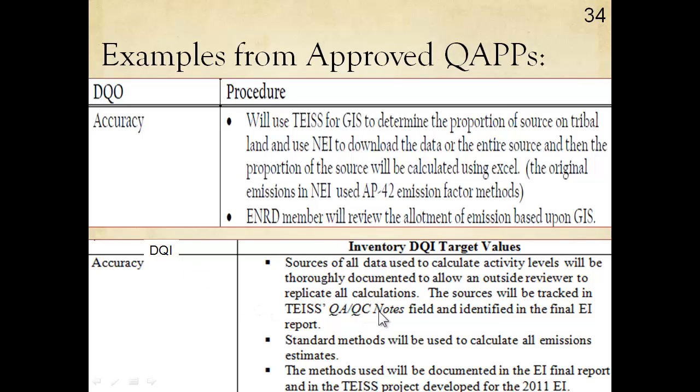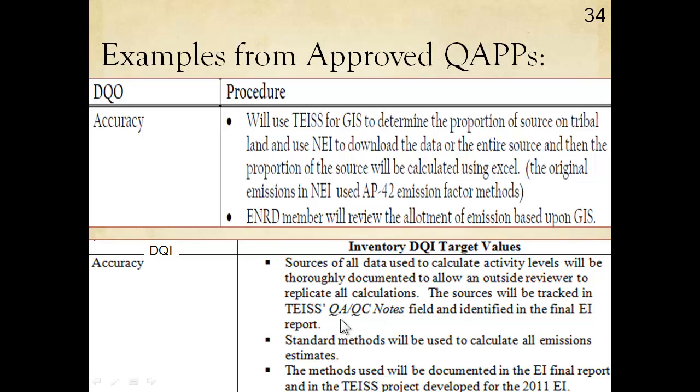And then how are we going to measure how close we got to that with the data quality indicator? Well, for emissions inventories, you have to be a little bit more vague than you do for other types of projects when you're actually gathering, for example, air quality data in parts per million. You say, well, what we're going to do is we're going to thoroughly document all our sources sufficiently so that an outside reviewer could repeat all the calculations and come up with the same numbers.